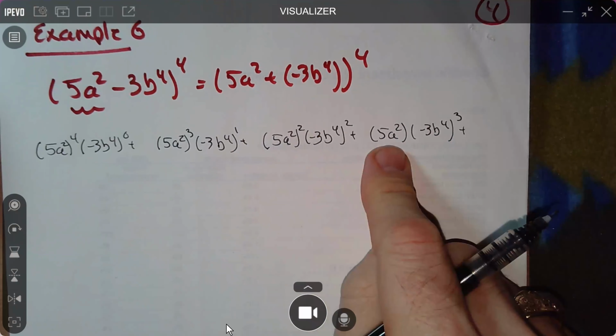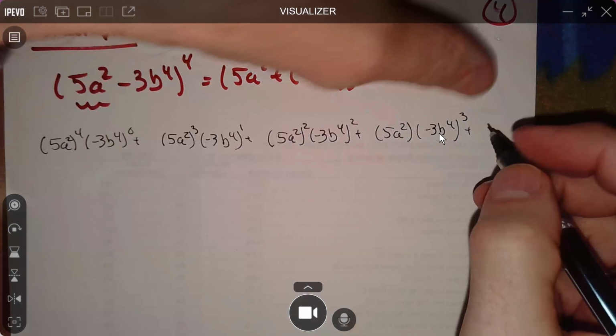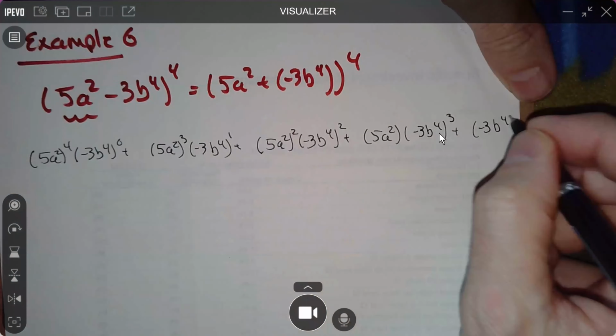The last one's going to be 5a squared to the 0 power. I'm going to skip that because I'm running out of room and just write negative 3b to the fourth power raised to the fourth power.